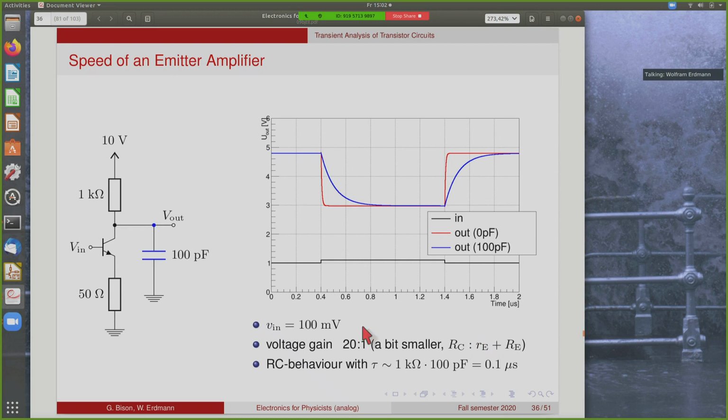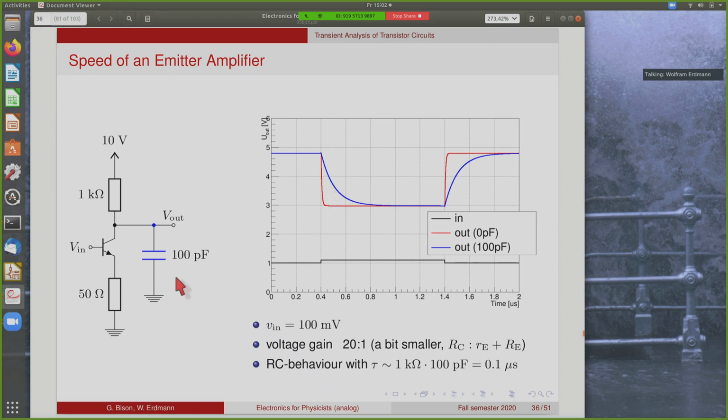It's not exactly 20 because really these 50 ohms add to the emitter output resistance of this transistor, so it's slightly modified from the 50 ohms. But other than that, the red curve here very nicely represents what happens at the input with some time constant.